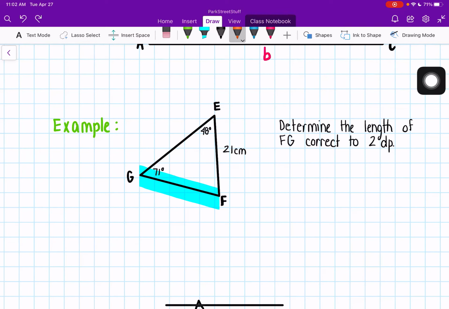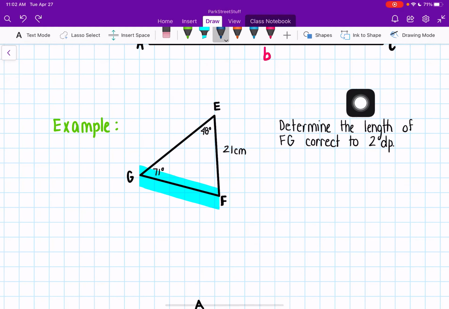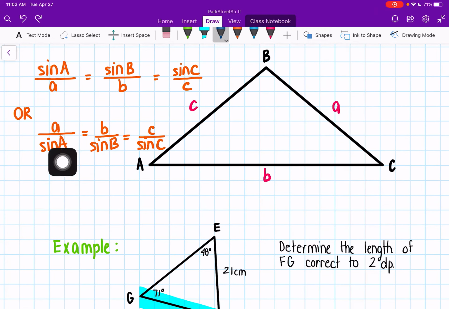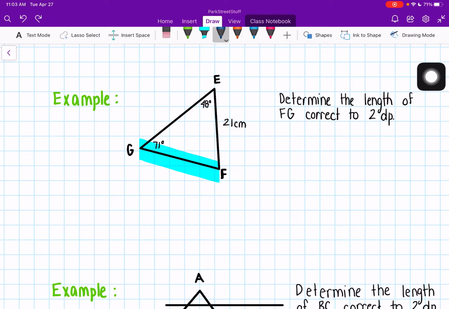When we're looking for a missing side, we want to use this rule where the sides are in the numerator of the fraction, okay? So we're going to put FG all over the sine of the angle opposite, so that would be 48.